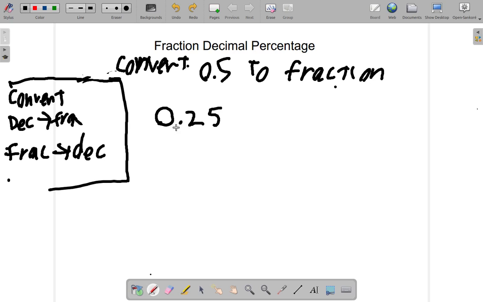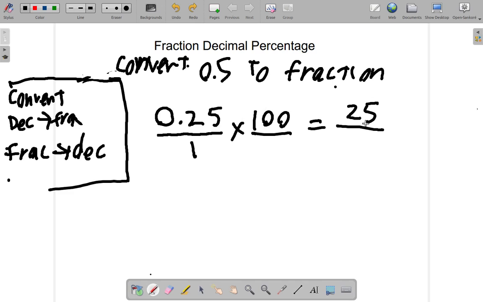Remember, any number you write really means the number over 1. So I'll take advantage of that and put this over 1. What do you multiply the 0.25 up here by to get a whole number? You can multiply it by 100. So up top, 0.25 times 100 gives you 25.